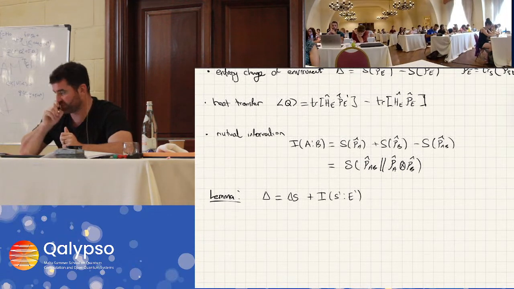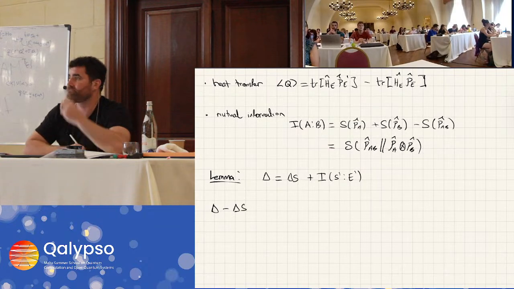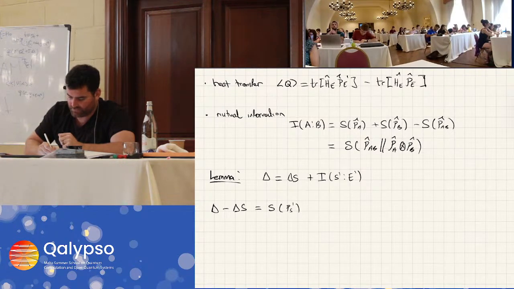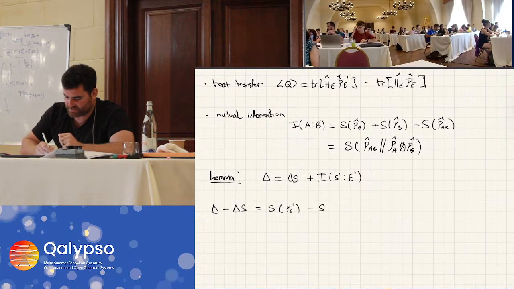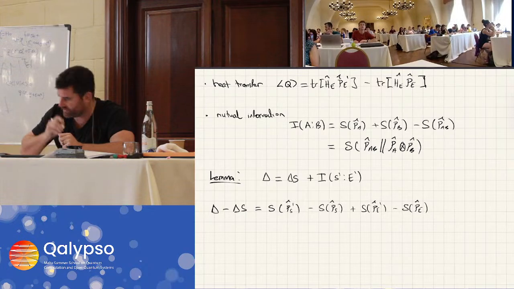So it's pretty straightforward. So let's look at delta minus delta S. Okay? This is just S of rho S prime minus S of rho S plus S of rho E prime minus S of rho E. These are all operators, and I'll be sloppy from time to time and forget the hats, but you know what I mean. I hope it'll be clear.